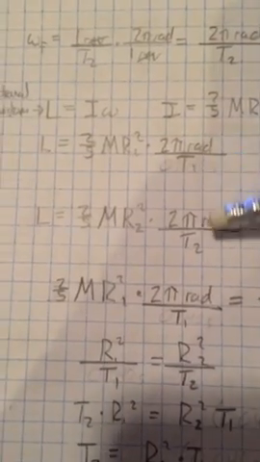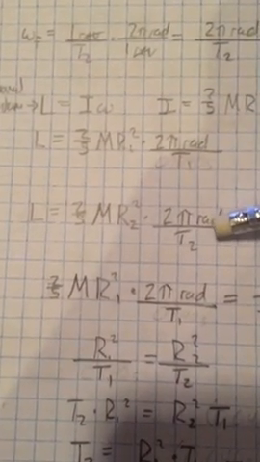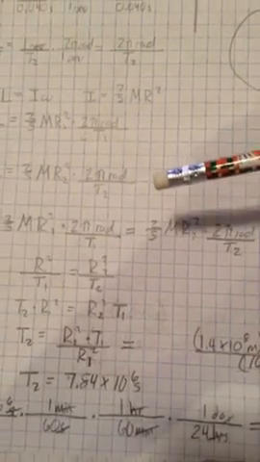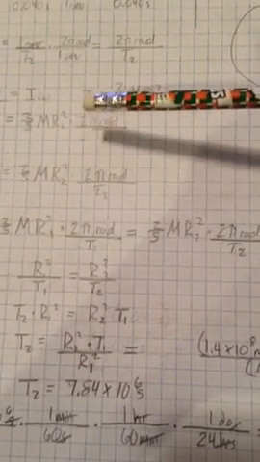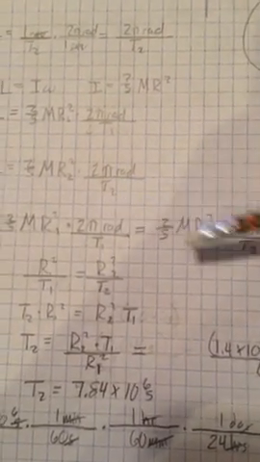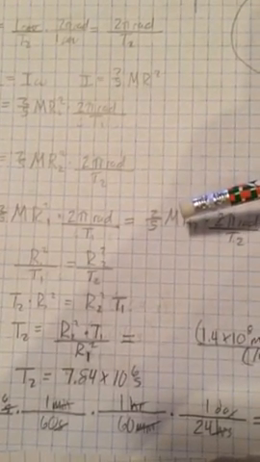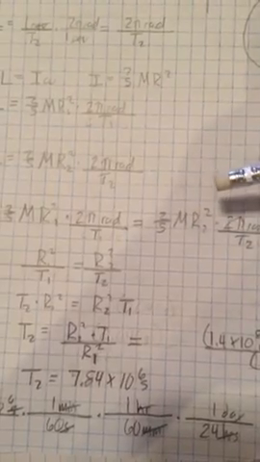So you'll see this is at the beginning and this is at the end when it gets bigger. Since rotational momentum is conserved, what I did is I set those two equations equal to each other. So you'll see that I took this one and made it equal to that one. Since there is no drag in space, this is actually not just theoretical, this is truly what happens.